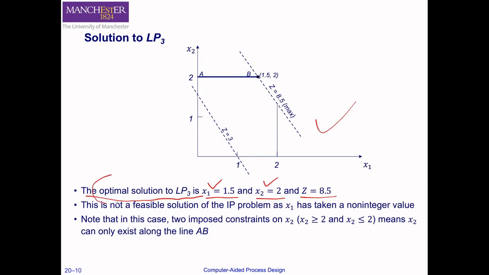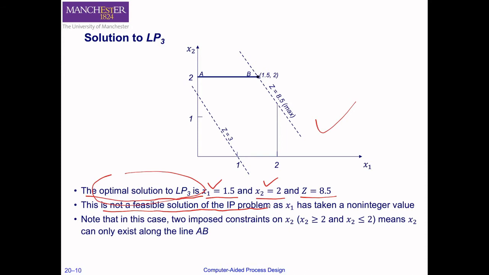That means this optimal solution to LP3 is not a feasible solution to the original integer programming problem because the integer restriction on x1 is not satisfied.